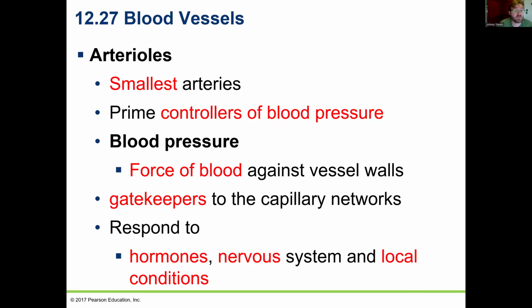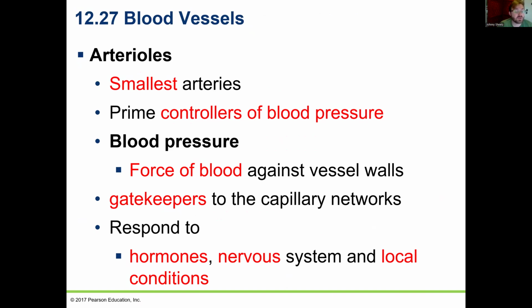Now, arterioles are going to be the smallest diameter artery, and these are going to be the main controllers of blood pressure through vasodilation and vasoconstriction. Blood pressure is the force of blood against the vessel walls. And this is going to be the main pressure regulator before we dump into the finest type of blood vessel, the capillary networks.